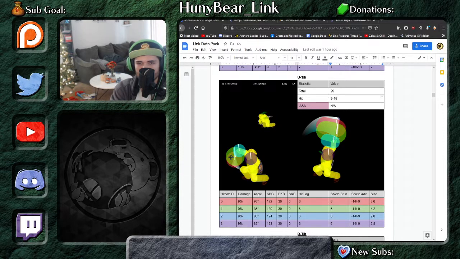Link's up tilt, the saving grace of the character, hits on frames 9 through 15, hits in front of him and behind him, makes him crouch down low profile, huge priority, and takes a total of 29 frames, so it's pretty quick too. And the best part about up tilt, in my opinion, is that the tipper hitbox here, with the highest priority, hits differently than the base hitboxes.